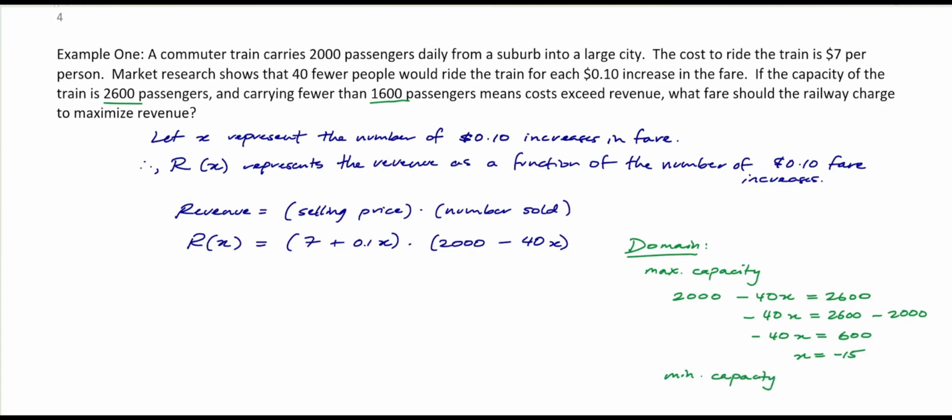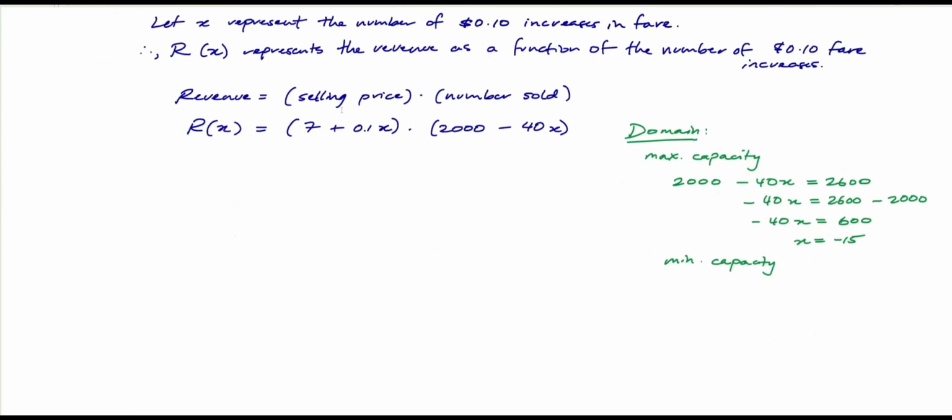Our minimum capacity situation is we're going to again look at the number sold. So we have 2,000 minus 40x, and that's going to be equal to, I believe it was, 1,600. Then I isolate for x.